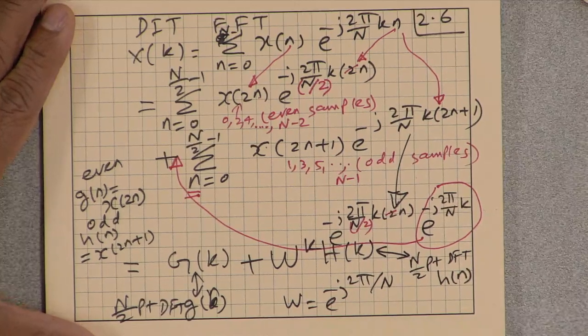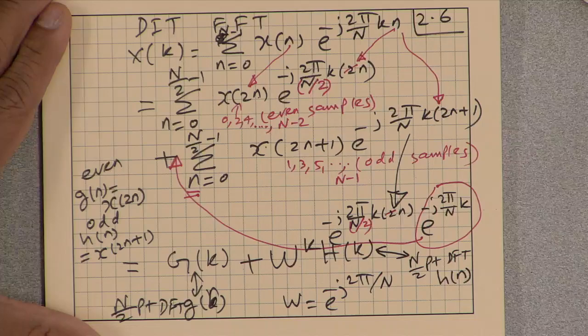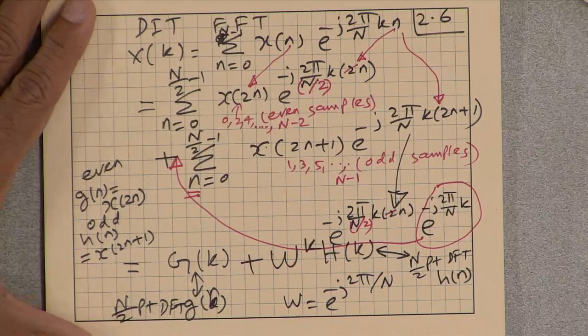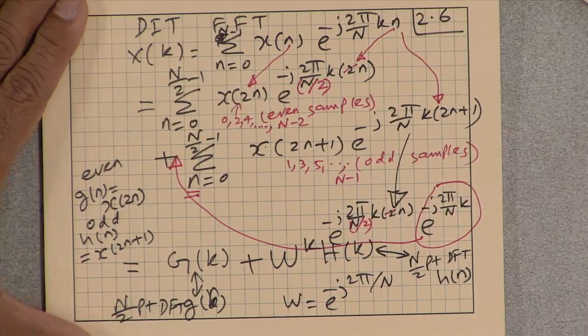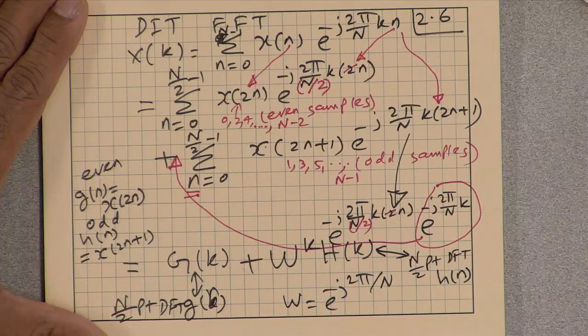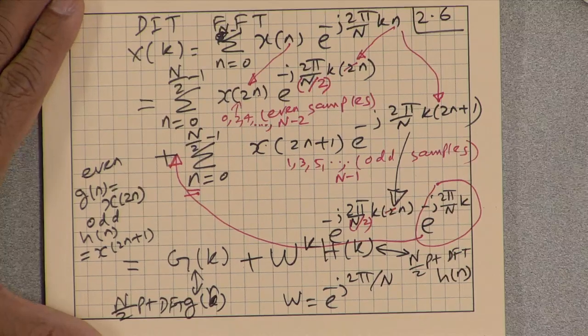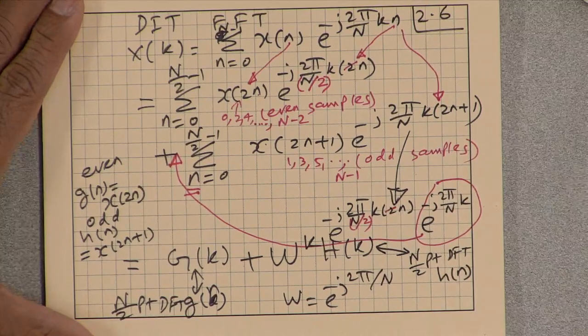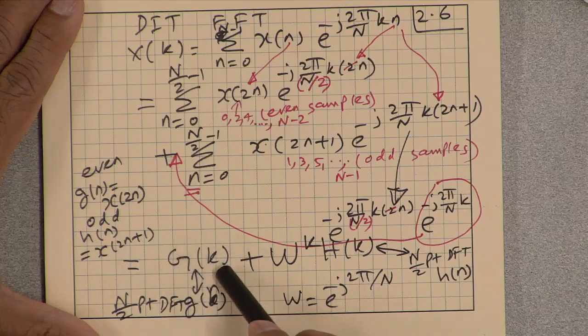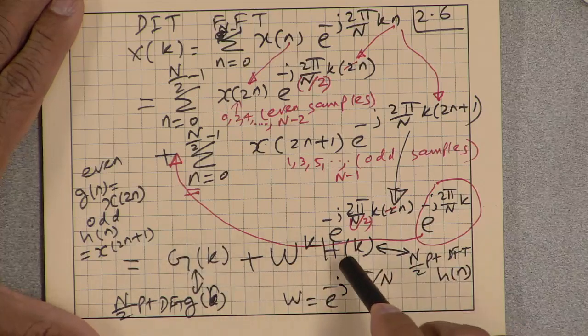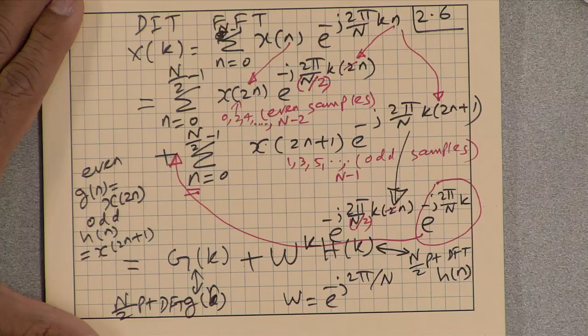So now in fact we have expressed the n point DFT. We are not quite done, but we are almost there. The n point DFT of xn can be expressed as two n by 2 point DFTs, the n by 2 point DFT of the even samples and of the odd samples.